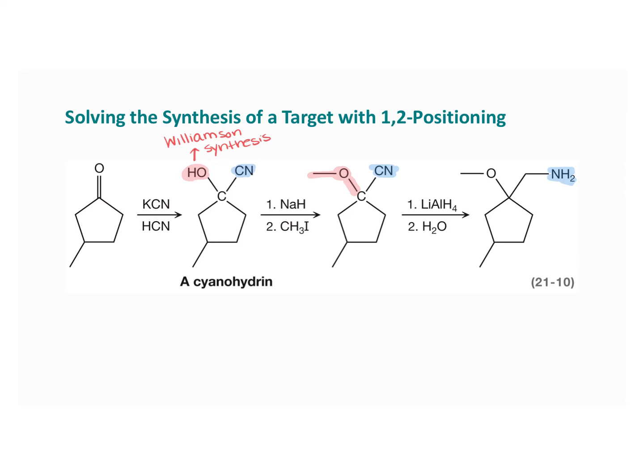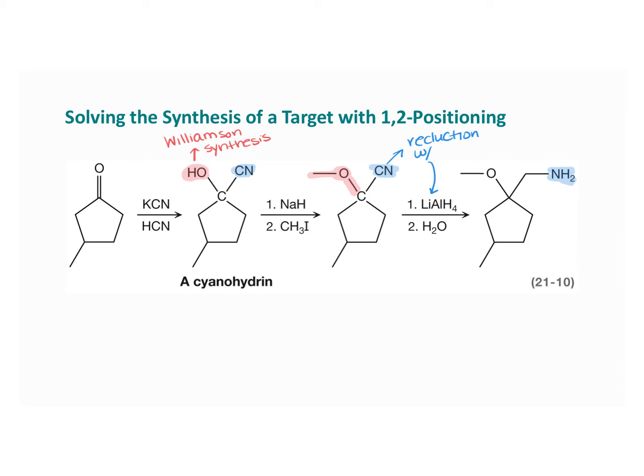And then the C triple bond N can be converted to a primary amine by reduction with that lithium aluminum hydride, okay? And so we can see how this would be a multi-step synthesis using several of the things that we've learned since we first went over multi-step synthesis.